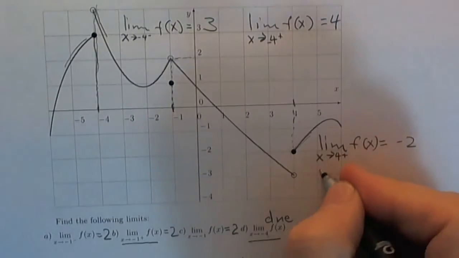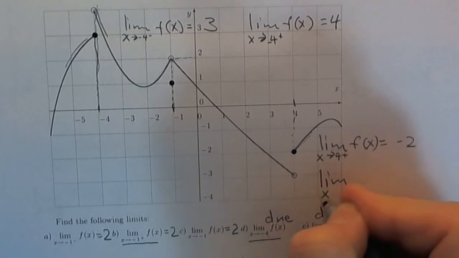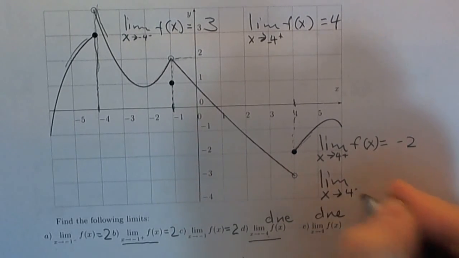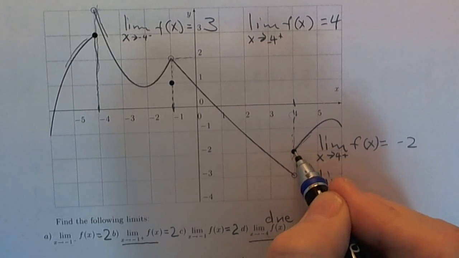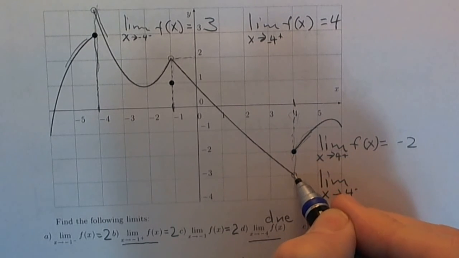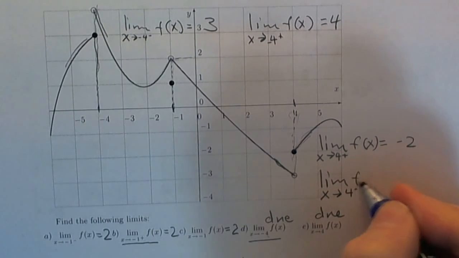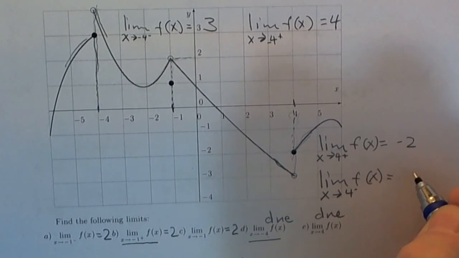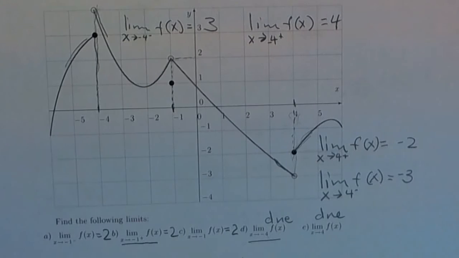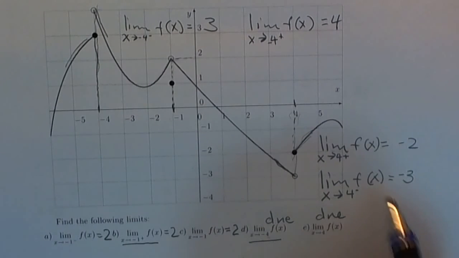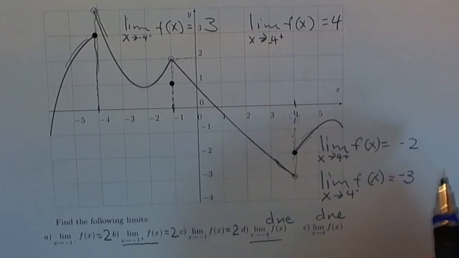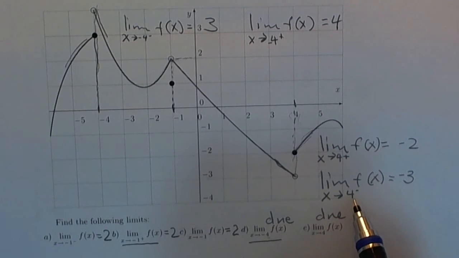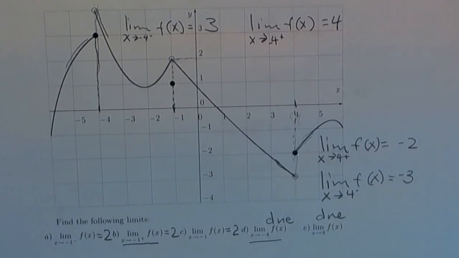Then I could say, well, what about if I come from the left, from the negative direction? Well, I come down here, here's graph to my right, keep moving down till I have, oh, there it is, and I take note of the altitude. So that would be -3. Yeah. So because the left-hand limit and right-hand limit are different, that means that the limit overall does not exist.